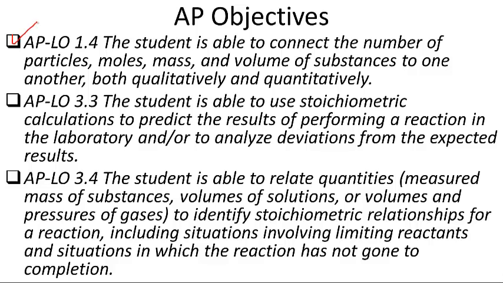All right. Student is able to use stoichiometric calculations to predict the results of performing a reaction in the laboratory and or to analyze deviations from expected results. So what did we calculate that would be related to deviations from expected results? Percent yield, yeah.